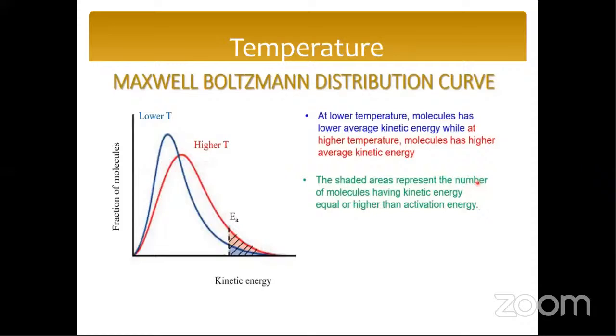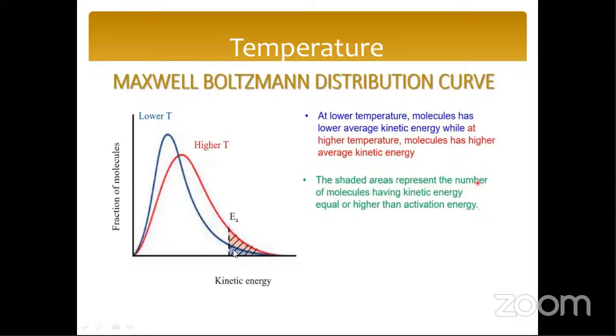What happens is that as you increase the temperature of a sample of particles, remember they're going to absorb heat energy, and so their kinetic energy, the energy with which they move, will increase. So my blue graph shows the distribution at normal temperature, or whatever temperature you're carrying out your reaction at, and my red graph shows the distribution of particles at a higher temperature.